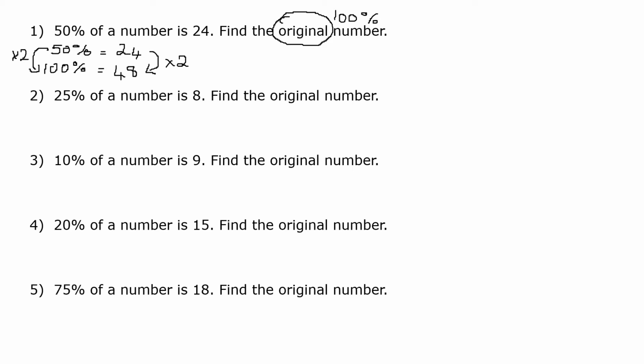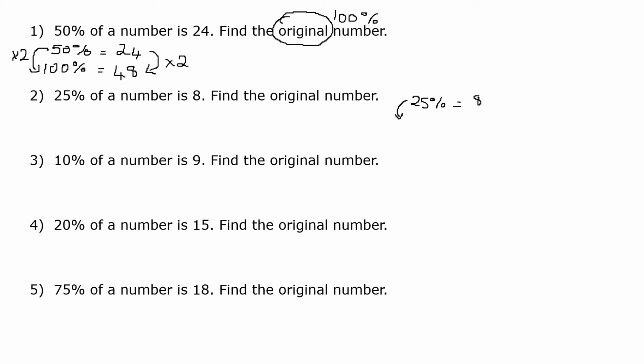So let's have a look at my next one. So 25% of a number is 8. Find the original number. So I know that I need to get to 100%. So let's start off with my 25%, and that's equal to 8.